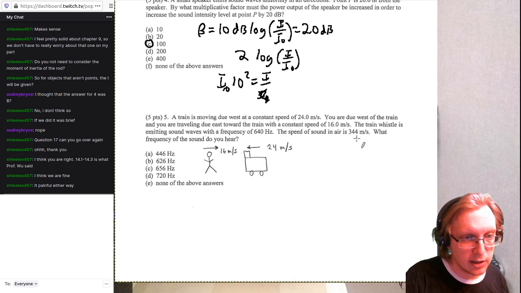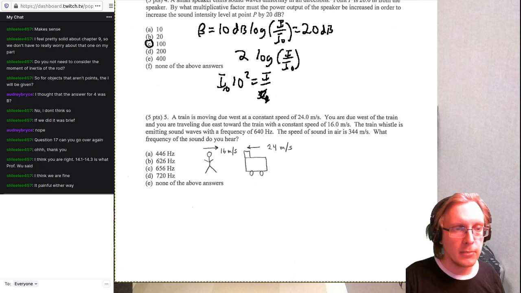The speed of sound in air is 344 meters per second. What frequency of the sound do you hear?